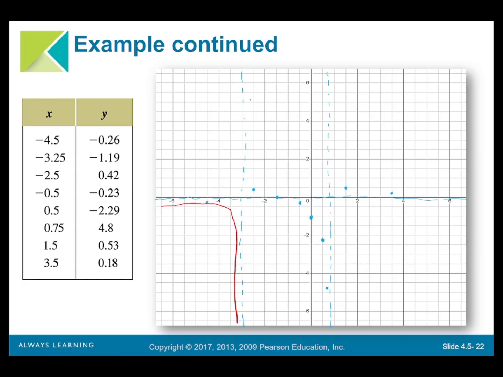For this function up here, I see the points coming down like this, shooting across and going back down. And so it must have come from up here. Similarly, I must have this corner because it cannot cross the axis. And so it comes down like this.